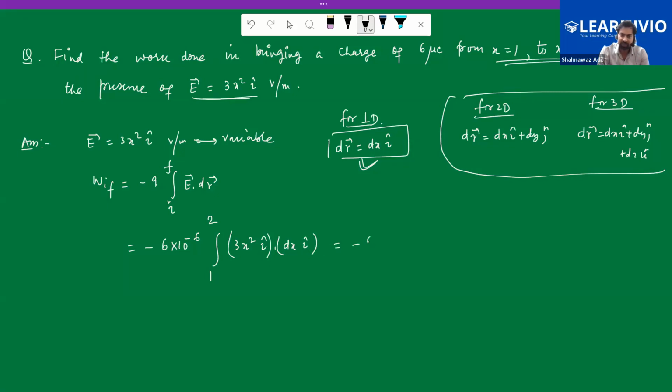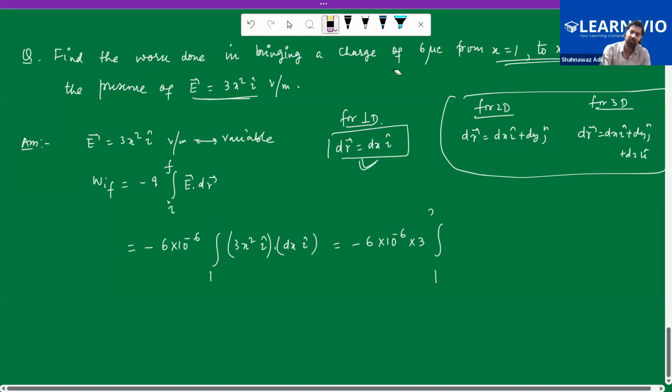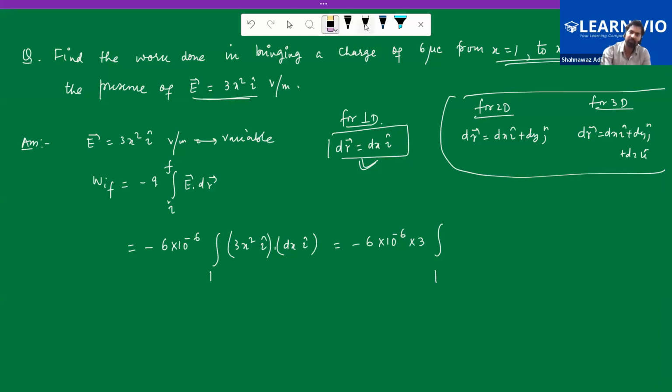So this is minus 6 into 10 to the power minus 6, the 3 is outside, and then the limit is 1 to 5, and this is x squared dx.